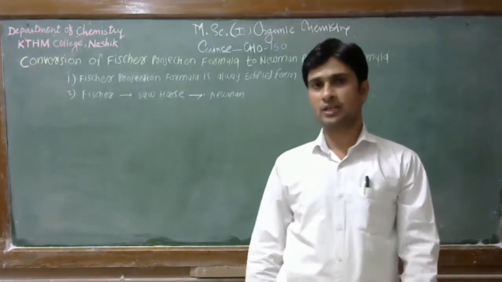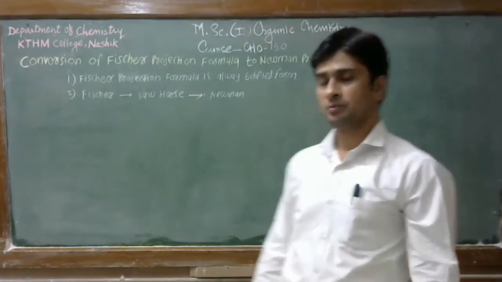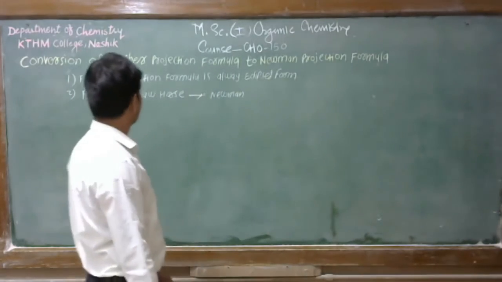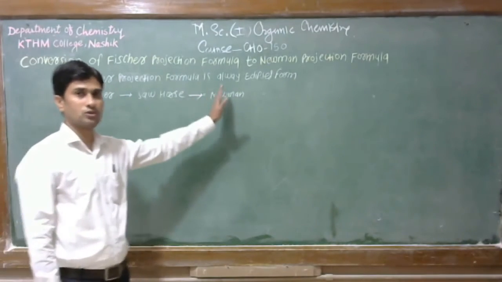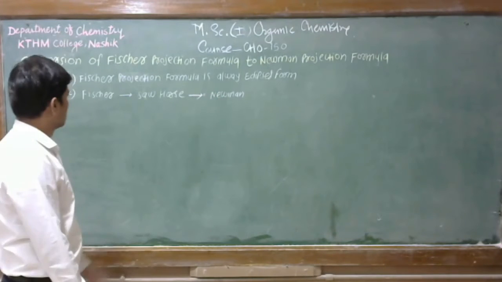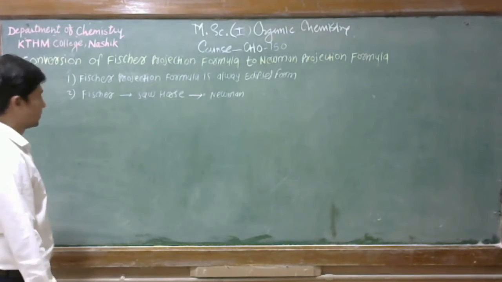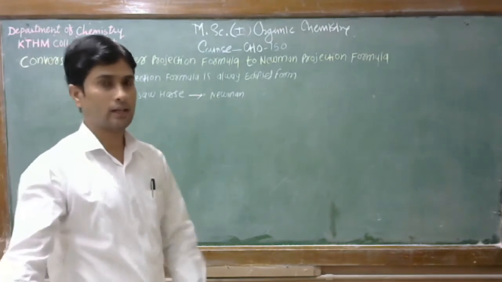So two things are very important. The first one is the Fischer projection formula is always in eclipsed form, and when we convert the Fischer projection formula to the Newman projection formula, we have to go through the Sawhorse projection formula. So let us take here some example.